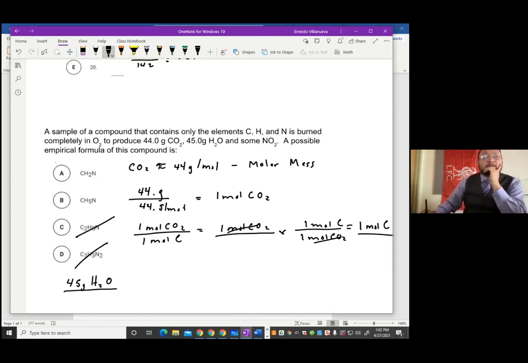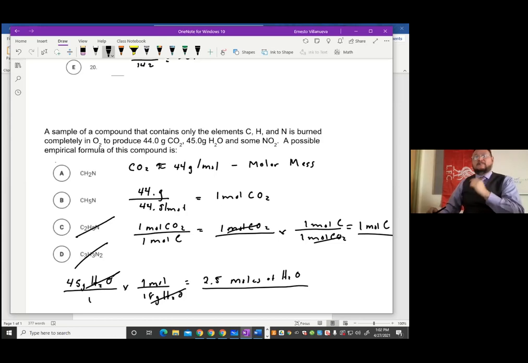I know that 1 mole of water is 18 grams. I can already tell you that 18 goes into 45 2.5 times. We have 2.5 moles of water, right? Simple division.